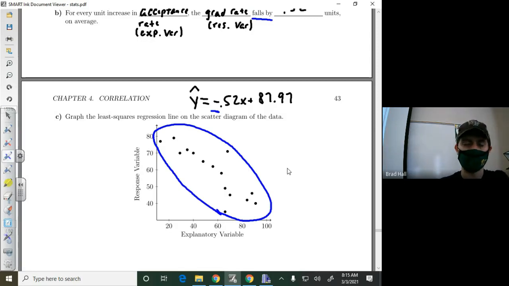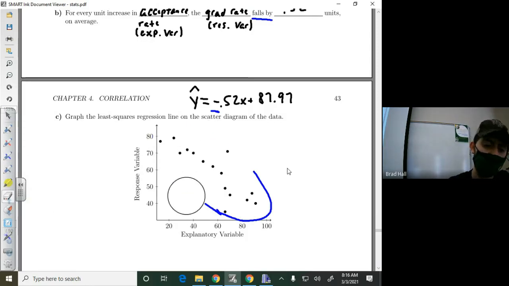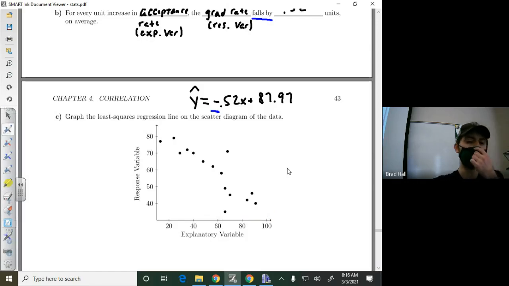Some multiple choice ones may have the scatter plots going in a positive direction, but the trend needs to go in the direction of the sign of the slope. If the slope's negative, the trend needs to go down. So if anything, this gives us a good intuition.